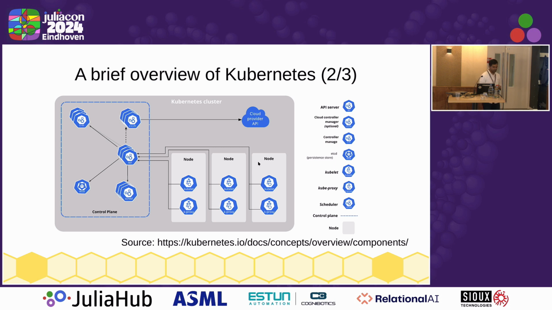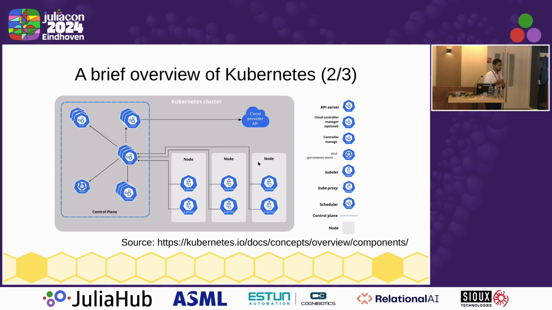This is an architecture diagram of Kubernetes that's taken from the Kubernetes documentation. The heart of Kubernetes is the API server here, which is the central point for most of the communication.